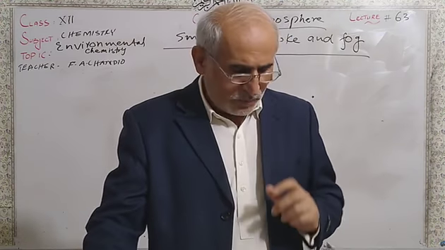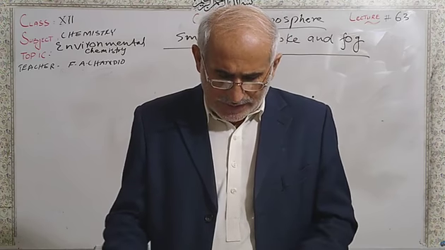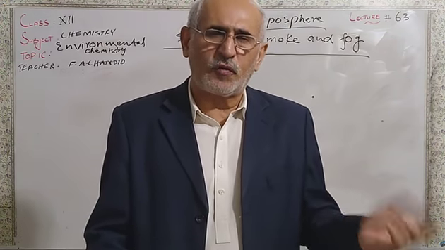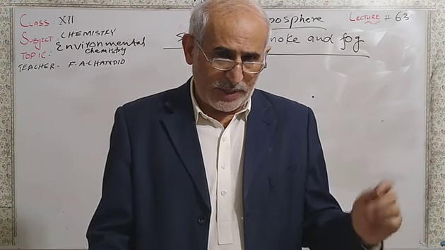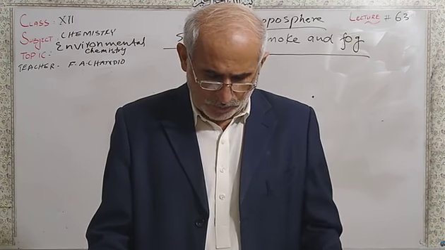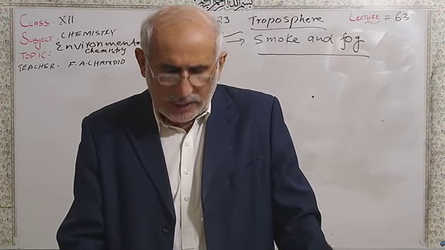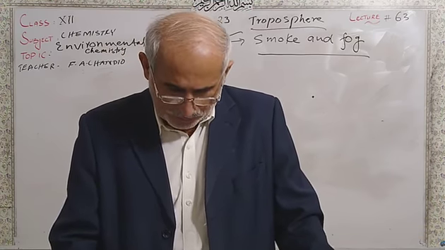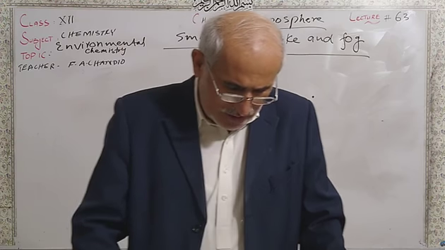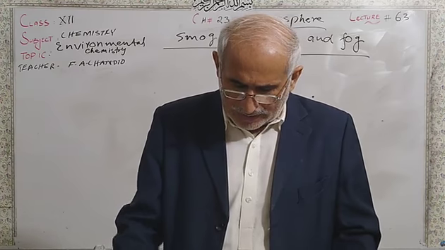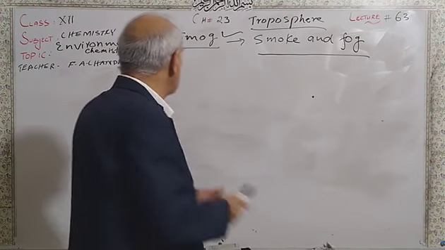So that is why smog is a combination of smoke and fog, I told you, from burning of fossil fuels. Smog, from smoke and fog. The smog is of two types. One is a reducing smog and the other is an oxidizing smog.